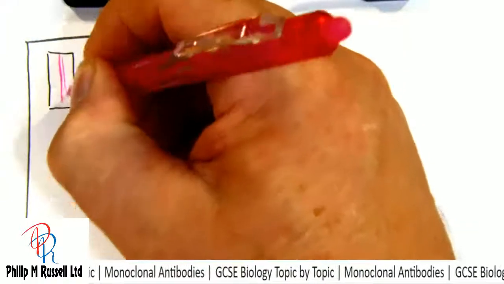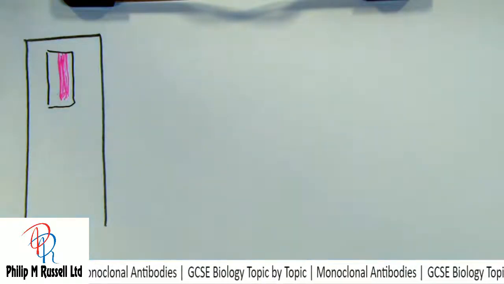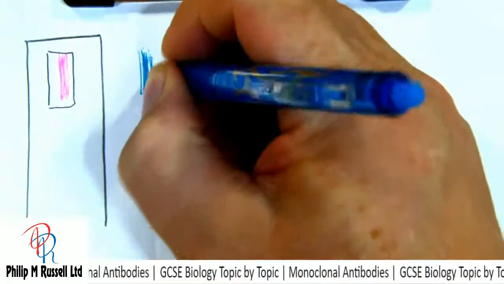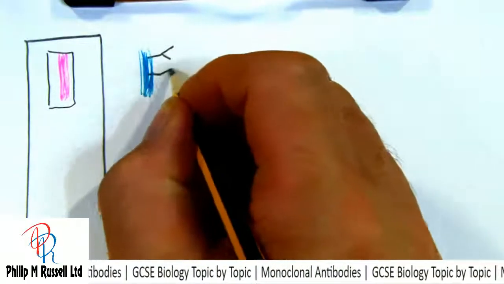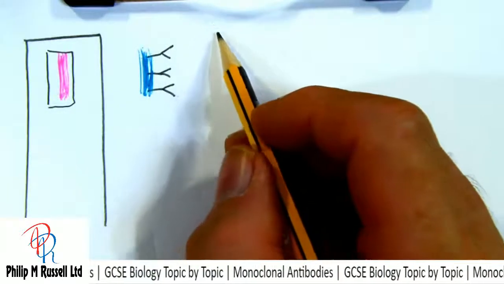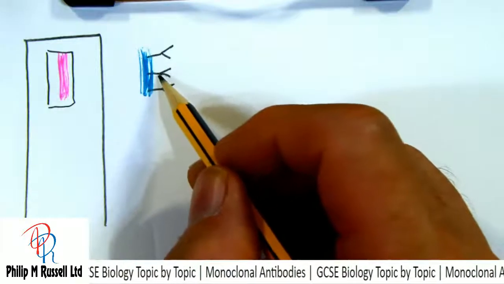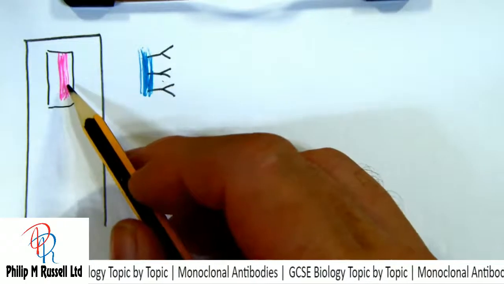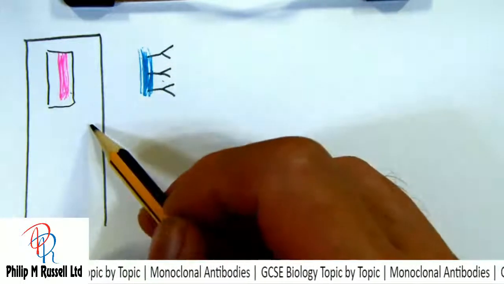So let's put some in here, and what we've got is perhaps something like that, and we'll stick on here. So what we've got going along is this mobile antibody, and this binds to the immobilized monoclonal antibody to produce something.